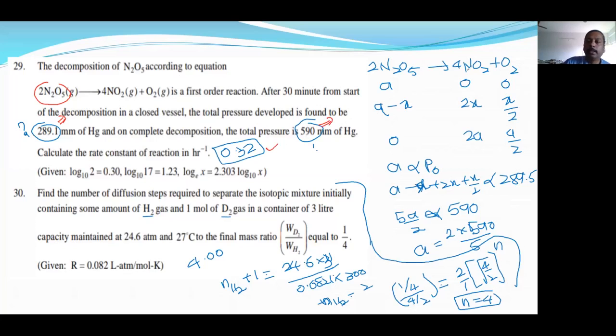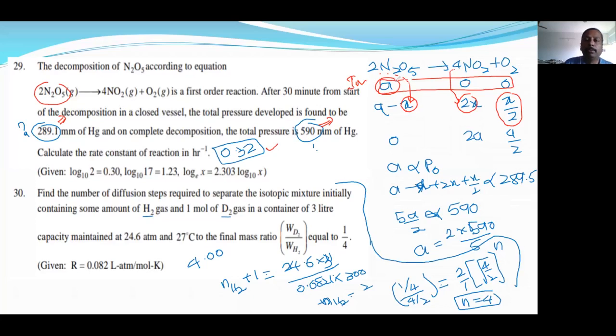Okay, so listen carefully. If you are able to write this equation, 2N2O5 gives 4NO2 plus O2. If I take A moles, the products will be 0, 0 because it is initial. Then A minus X, where for 2 moles I am taking X, then for 4 moles it will be 2X. For 2 moles if it is X, then 1 mole will be X by 2. But the problem is that he has not given anything initially.